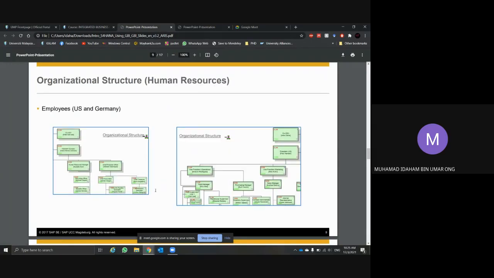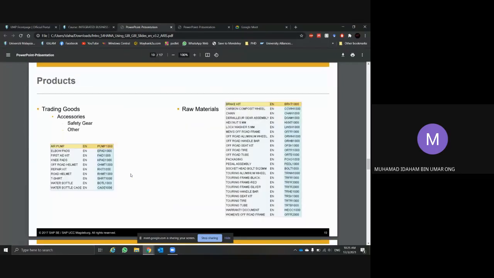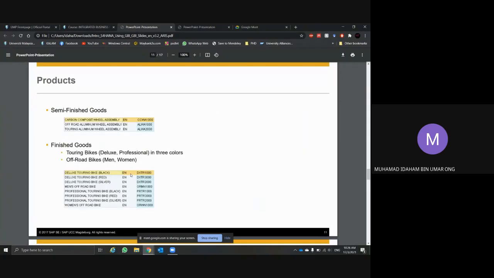So these are some of the names that we're going to be involved with. Not really clear here, but you may zoom in afterwards. Some of the products that are produced or used by GBI: we're going to see four different products: trading goods, raw materials, semi-finished goods, and finished goods.